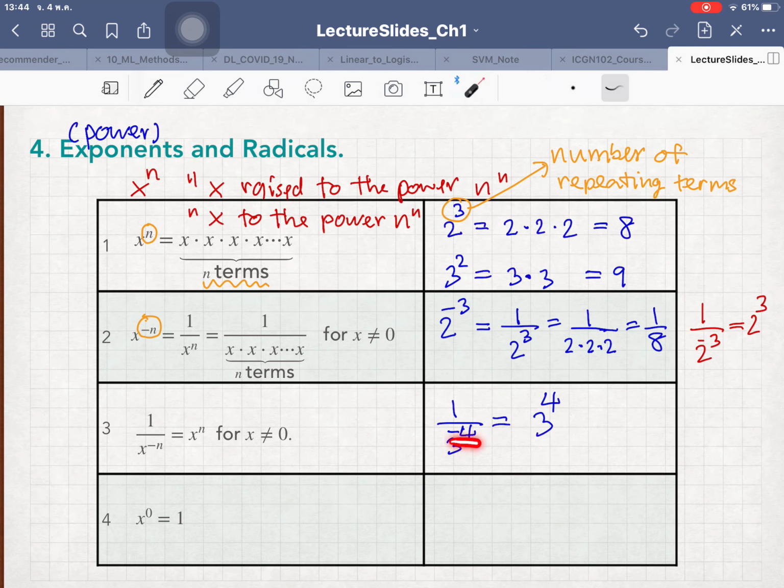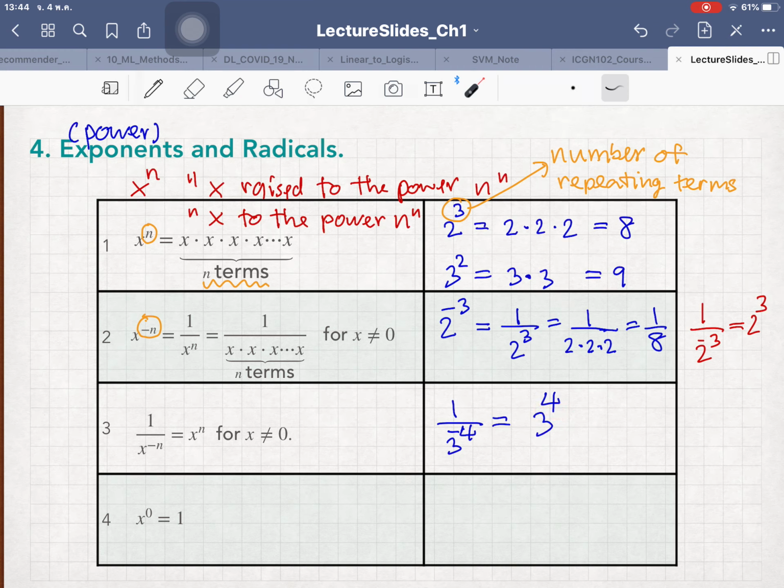So again, this power and this power need to have the opposite sign. One term has the negative power, so another term needs to have the positive power.